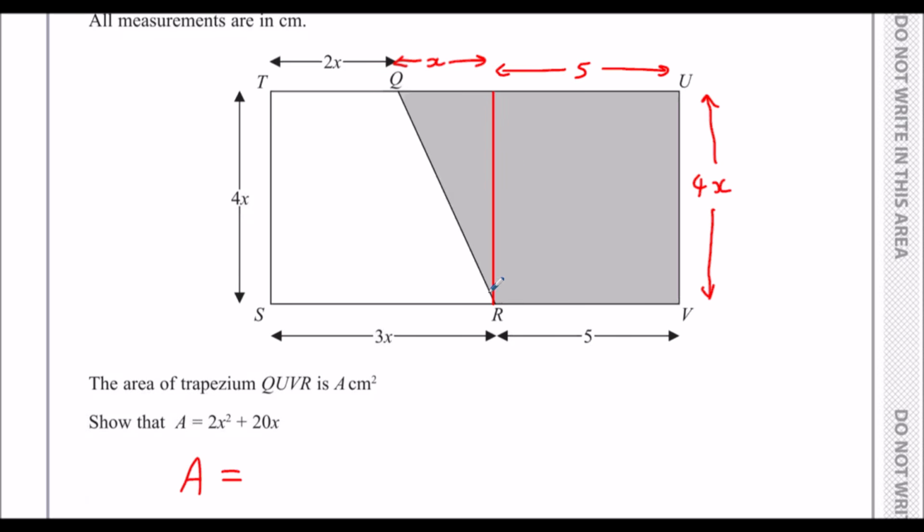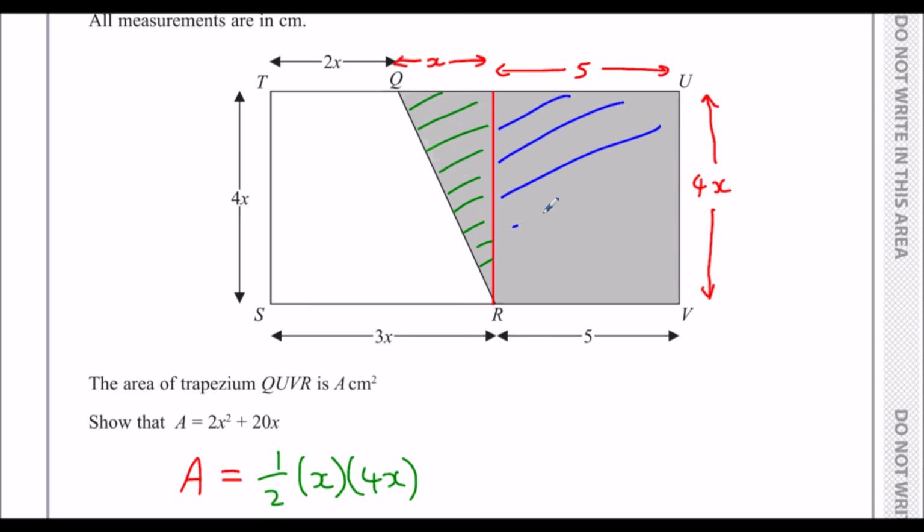So the area is the area of this triangle, which is half times the base times the height, plus the area of a rectangle, which is just base times height, 5 times 4x.